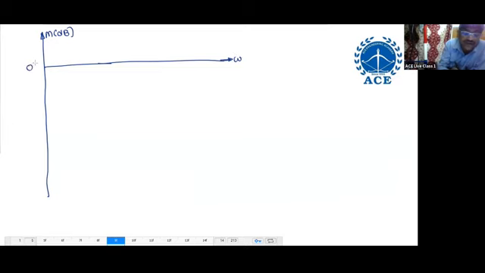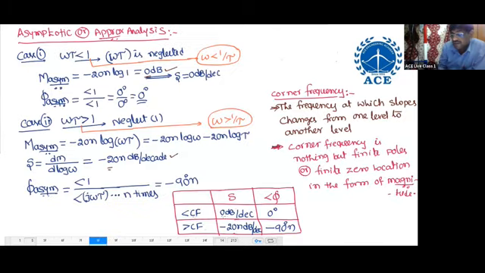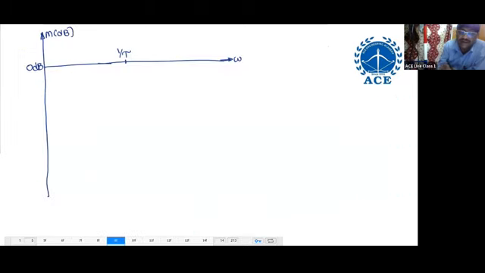I'll consider this as 0 dB, no problem. This represents the corner frequency. What is the corner frequency? 1 by tau. Below 1 by tau, what is the slope? 0, and phase angle 0. First, the slope I'll draw: 0 dB per decade. That means up to 1 by tau, the slope is 0 dB per decade.